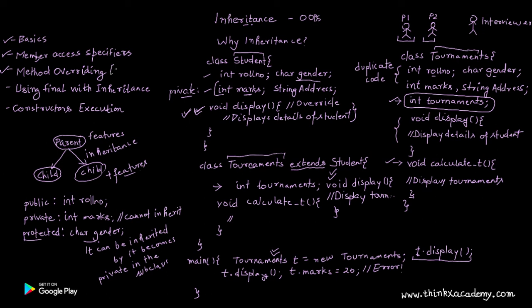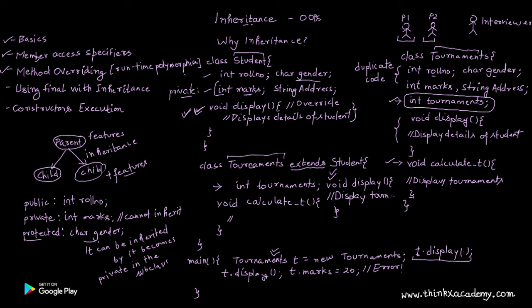So I am going to write here runtime polymorphism, and we know that the concept of polymorphism is very simple. You're going to use the same name but with different implementations.